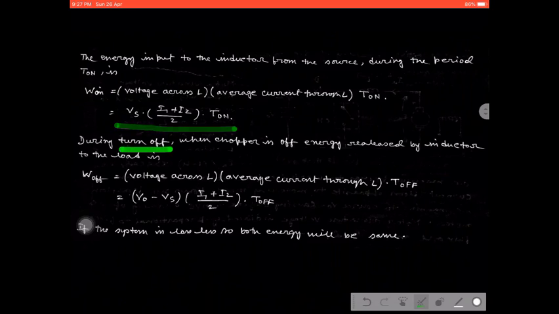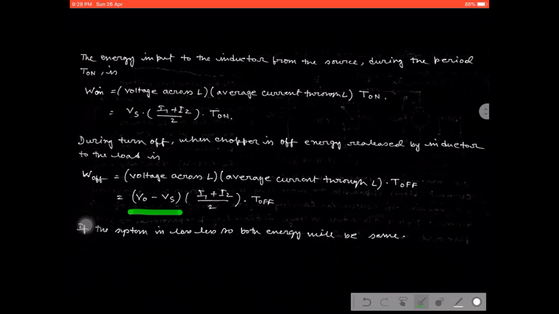Similarly, during off time, when the switch was off, the voltage appears at the load, that is Vs plus L di/dt. That means in this duration the voltage appearing across the inductor is V0 minus Vs, the potential difference across the inductor, output voltage minus input voltage, as the current is easily conducted from source to load.